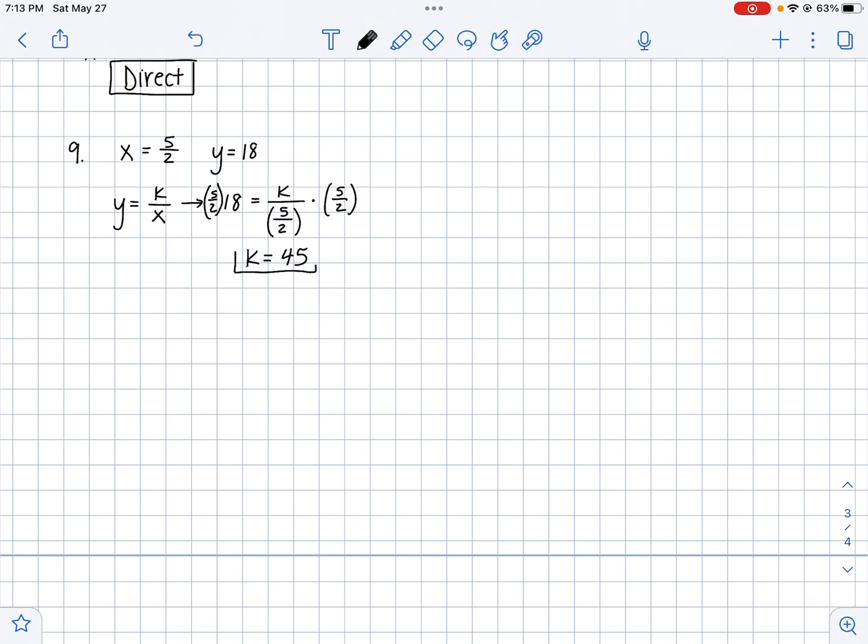So k is equal to 45. So I'm going to write a new equation. y is equal to 45 over x. So that's my inverse variation equation. And then it says to solve for y when x is -3. So I'm just going to plug that in, and I would get y is equal to -15.